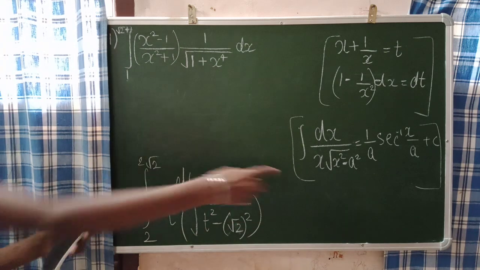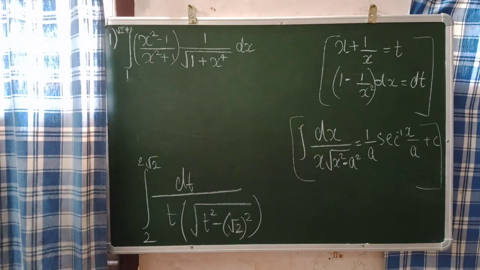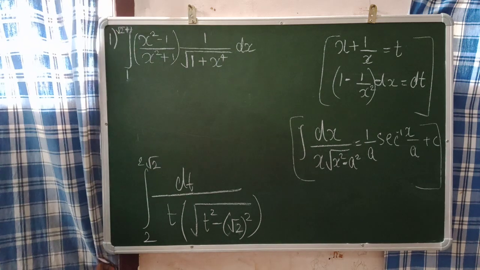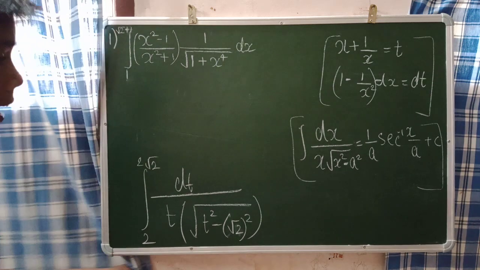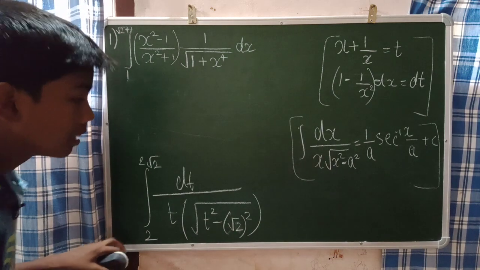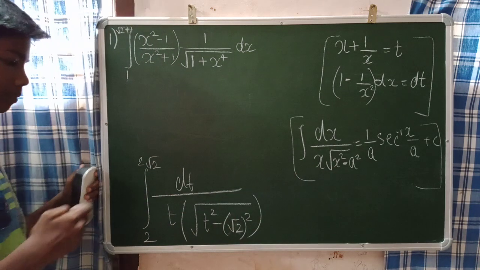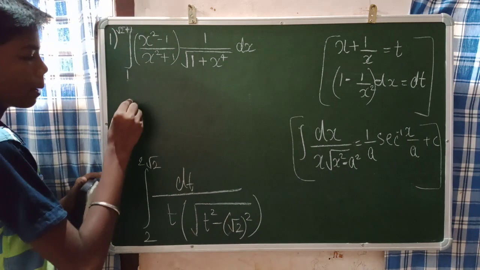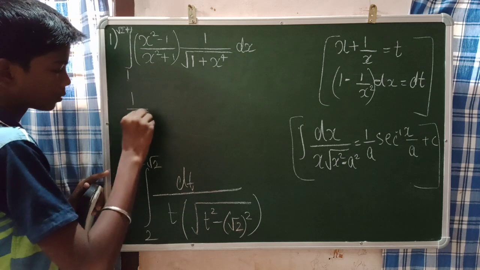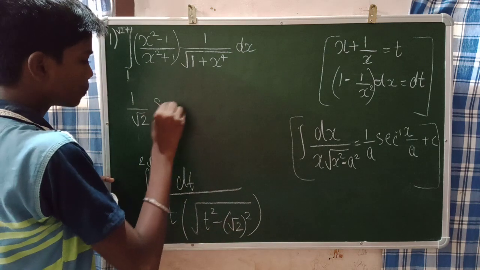So in this integral, your t is x and your root 2 is a. Now using this particular formula, I can write the same integral as 1 by a. 1 by a is nothing but 1 by root 2, because your a is root 2. Then into secant inverse of x by a.